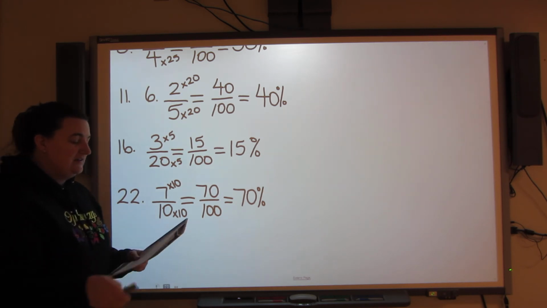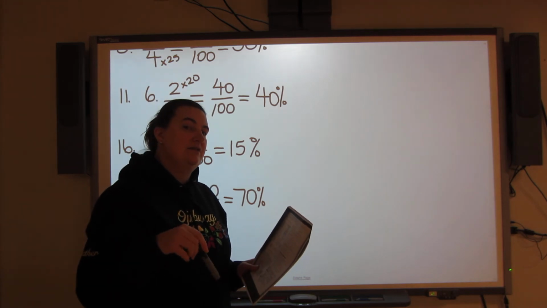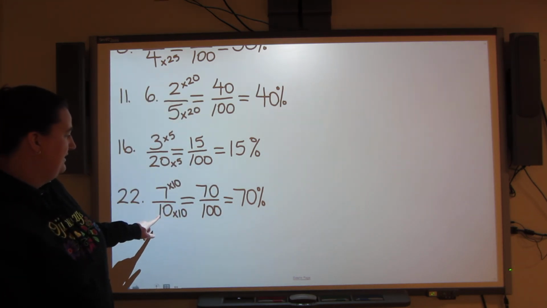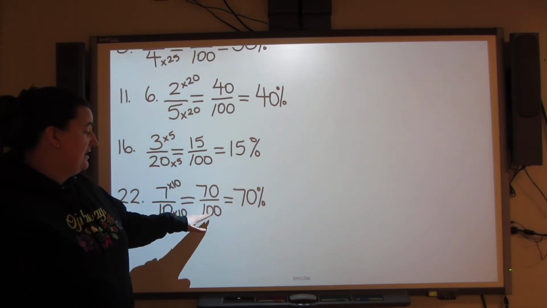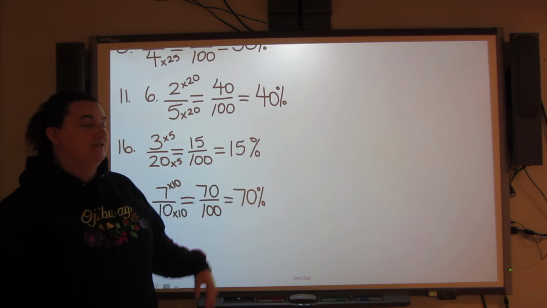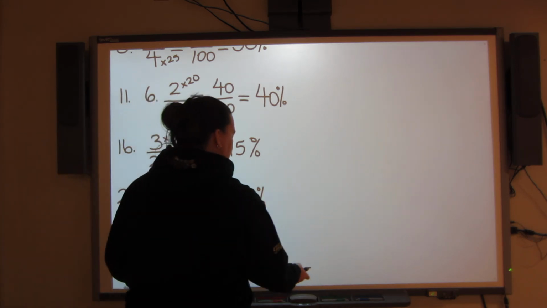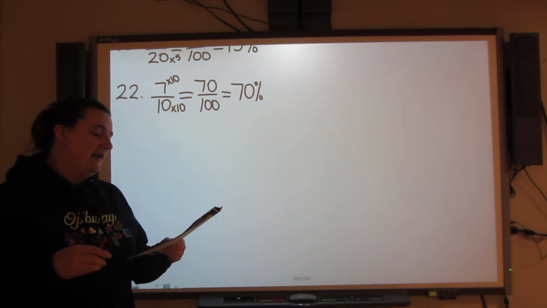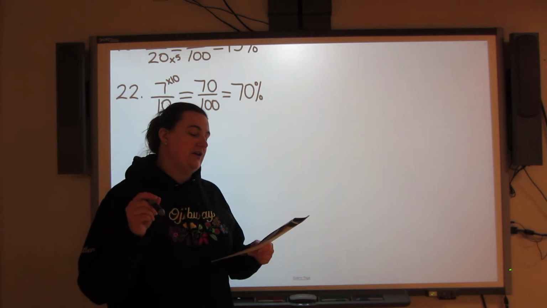So for number 22, all the way to number 30, that's how you're going to do those questions. You start with a fraction, you change it to an equivalent fraction with a denominator of 100, and then you'll find the percentage. Now last but not least, we're going to talk about number 31. Number 31, and all the way to number 36, it says write each fraction in lowest terms.